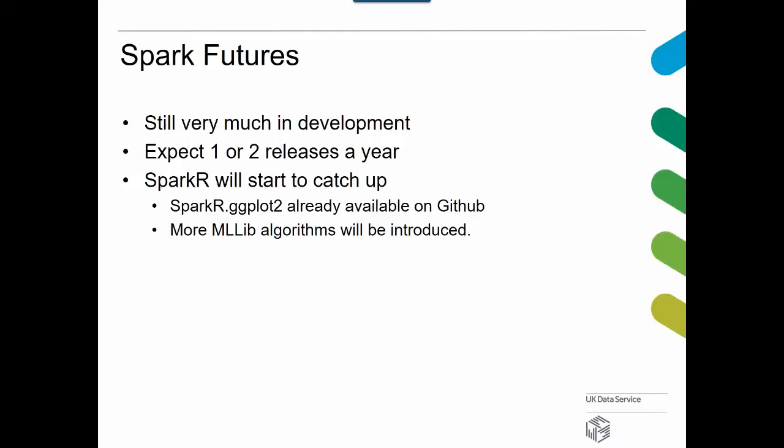At the moment, there is something called SparkR ggplot2, which you can download on GitHub if you're familiar with GitHub, and one would imagine that eventually that will find its way into the mainstream SparkR libraries. And also, I think I pointed out that the GLM that I showed working a minute ago is effectively the only statistical analysis you can do in SparkR at the moment.